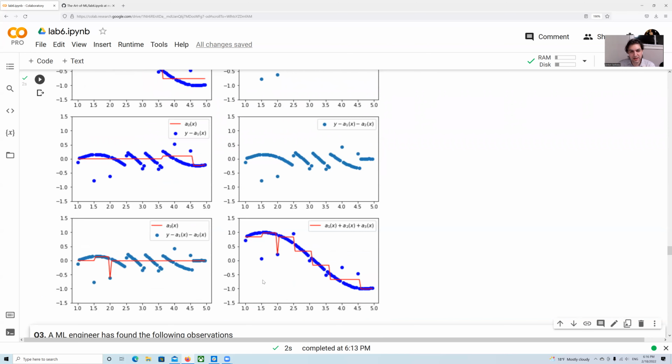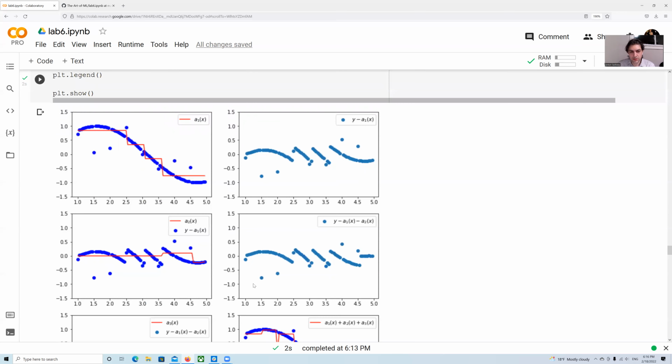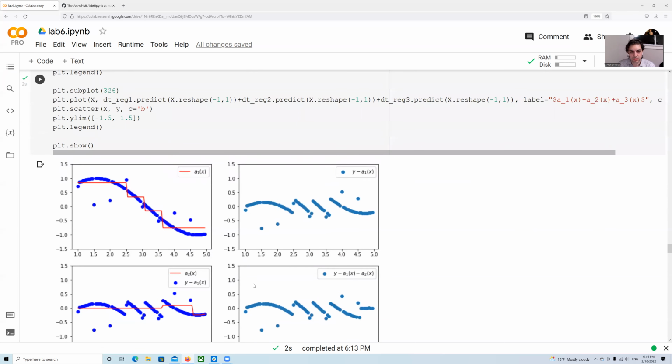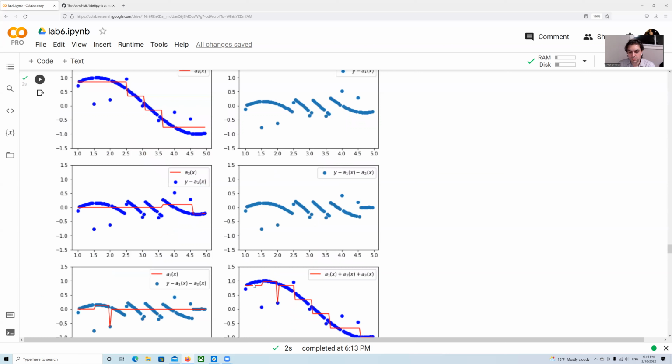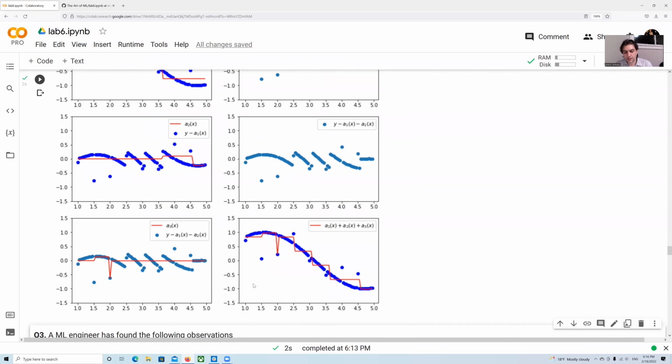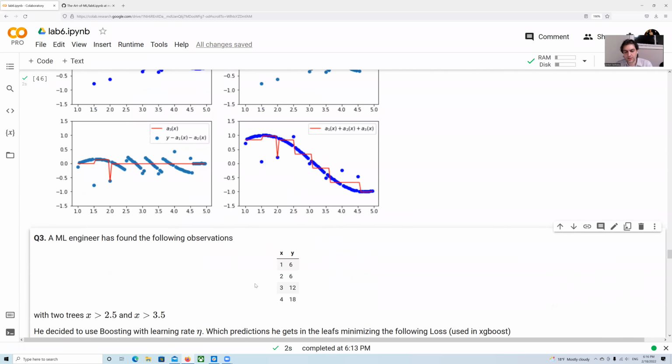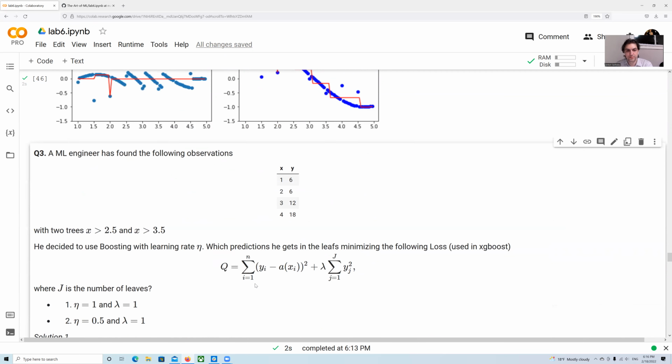In case of boosting, we can use shallow decision trees, and it's better to use decision trees of depth 1, 2, 3, 4. If we take deeper trees, we'll get higher variance, unfortunately.